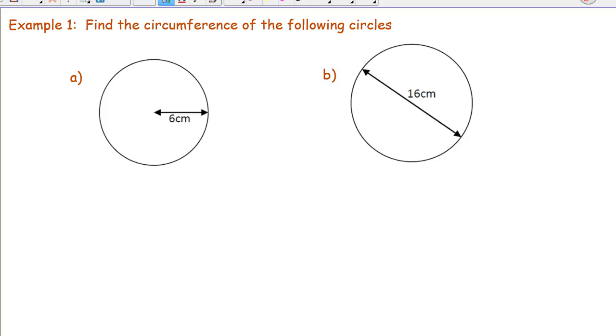Example 1, find the circumference of the following circles. Now, in the first case, we have the radius. So this is the radius. So we'll use the formula. Remember, we said circumference is equal to pi d, or circumference is equal to 2 pi r. So you just have to inspect and find out, what am I given?